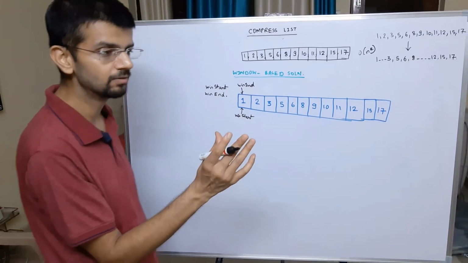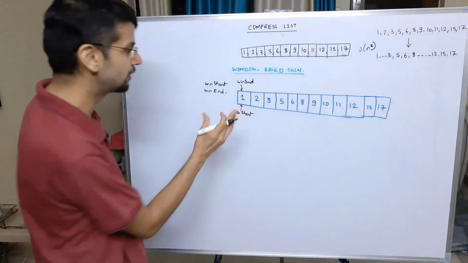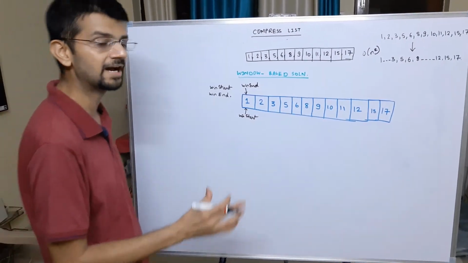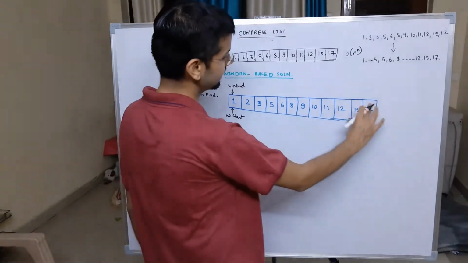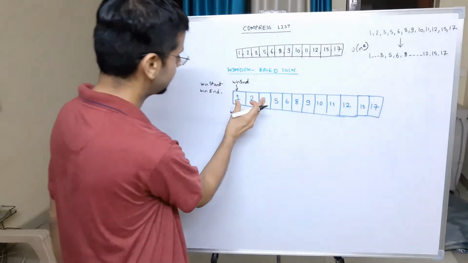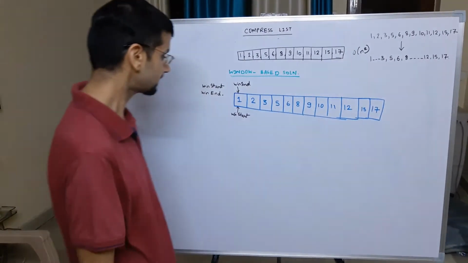We maintain a window, and we'll move that window across and shrink it and expand it. So that will be a dynamic size window, which will start moving on this array, and it will cover the entire array.